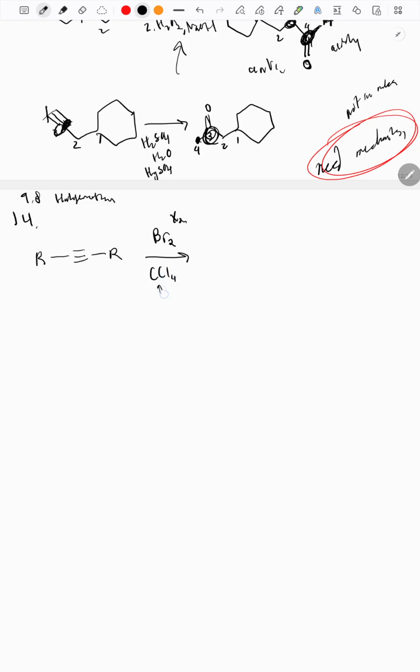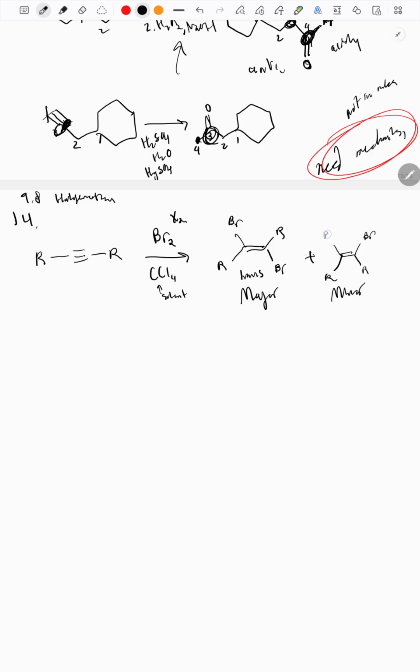This is the solvent. What happens? Turns out, as a major product like we observed in alkenes, we will get this as major. It's trans, so it'll be major. But as a minor, turns out we will get a small percentage of syn.